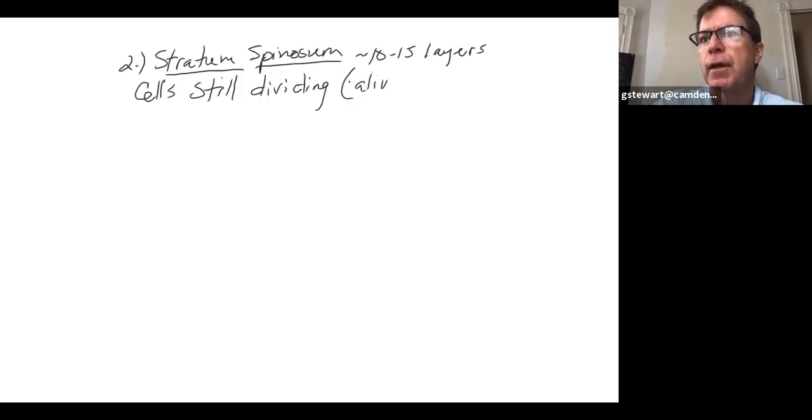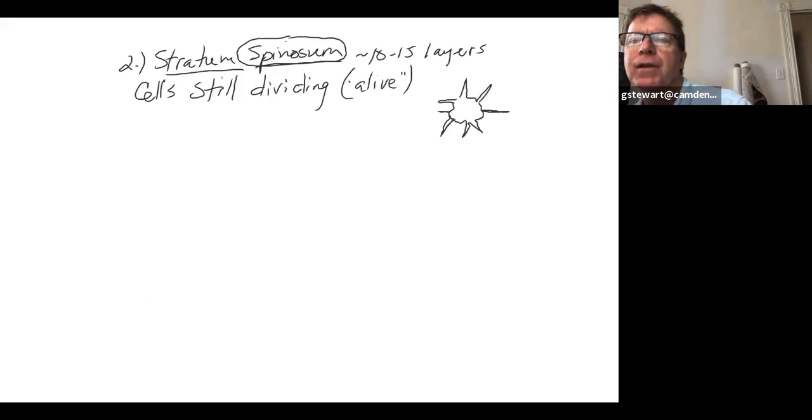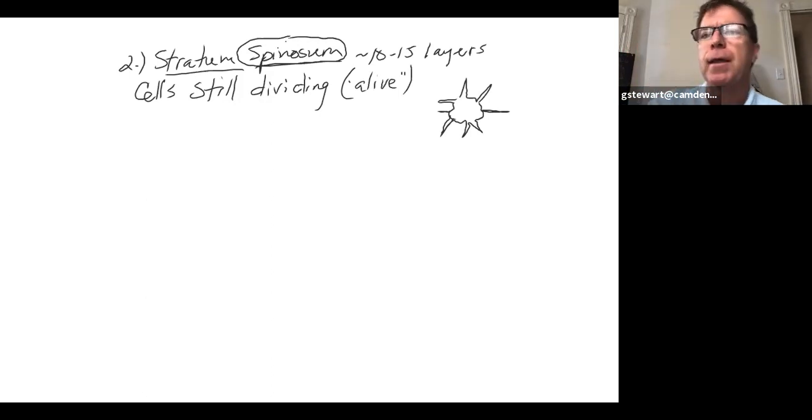They're still living. The name spinosum is just a descriptive term for the cells having little spikes, little spines, on them. These spines apparently don't appear until after we take the tissue out of the human body, so it's unclear whether they really appear in a living individual.